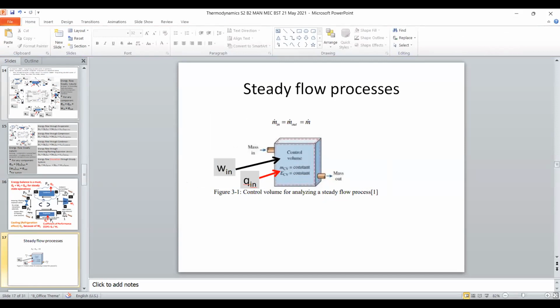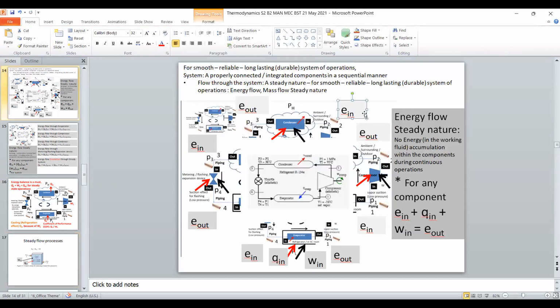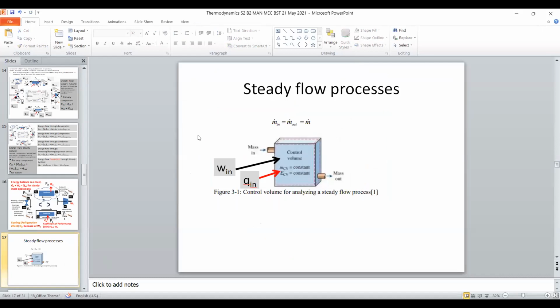So energy in with the mass in, energy out with the mass out. Okay.